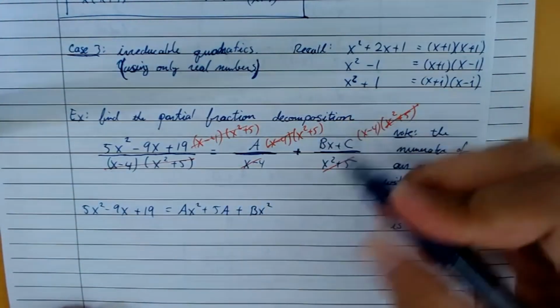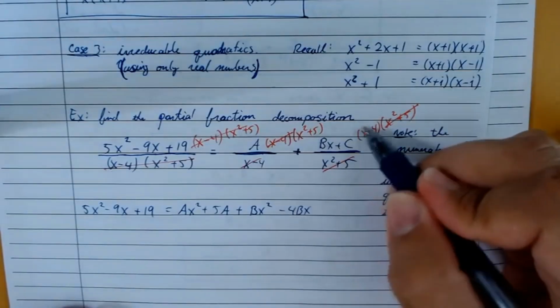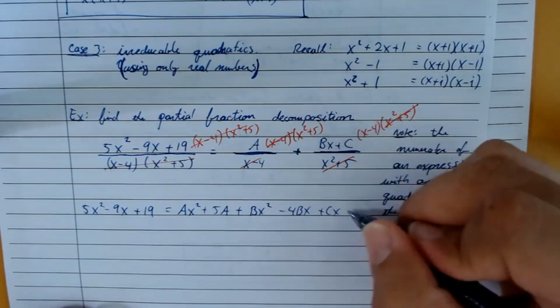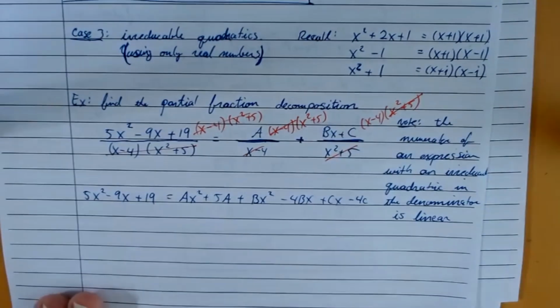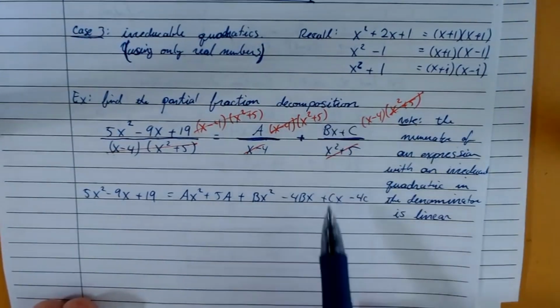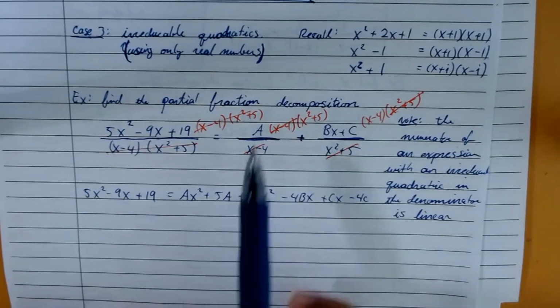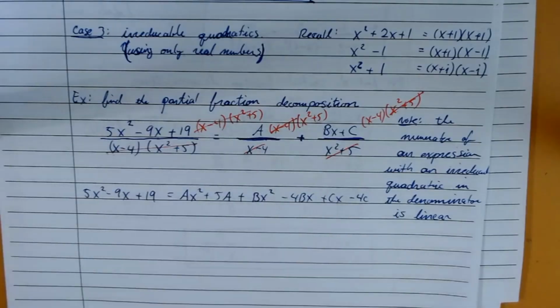Bx times negative 4 is negative 4bx. c times x, that's going to be cx, and c times negative 4 is negative 4c. Like that. So we've distributed this out. That gives us those 4 terms. We've distributed this out. That gives us those 2 terms. And here everything divides away, leaving us just the original numerator that we started with.